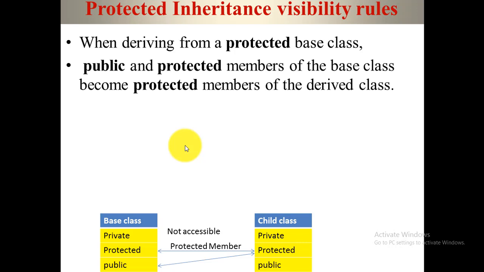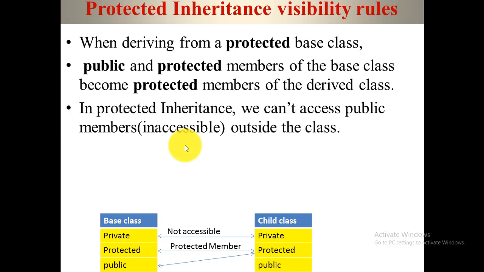So it converts the public members to protected, while the private members are not accessible. If we want to access the private members, we have to use the special mechanism we have discussed. So in protected inheritance, we can't access public members outside the class.